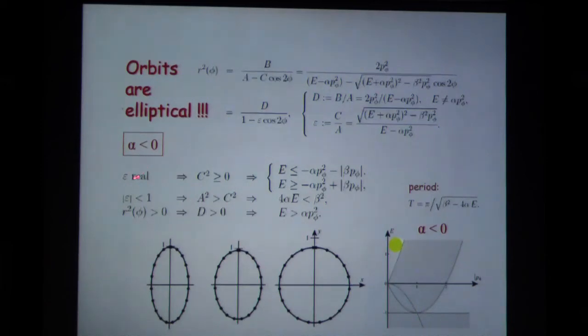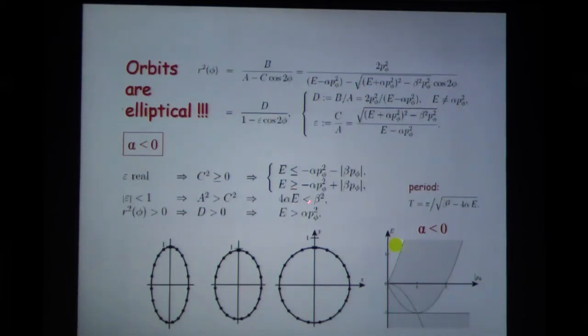We go through the process. We know that epsilon, the eccentricity of the ellipse, has to be real, which says that C is greater than 0. And there are two possibilities for the energy, this one and this one. Also, the eccentricity has to be less than 1. This implies this restriction, and r squared has to be positive, so this gives this restriction.